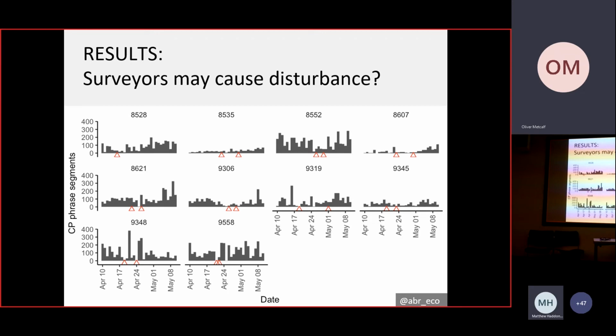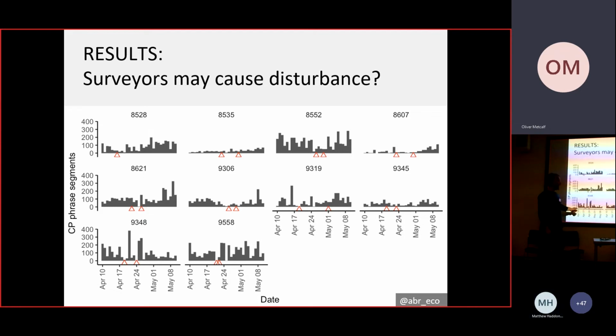One thing that we didn't expect to find in the data, and this was a bit of a chance occurrence, was that we know at each of these leks the numbers of calls varies from day to day. We had just a spurious sideways look at what happened when the people turned up to do their lek counts, which is where these red arrows are.